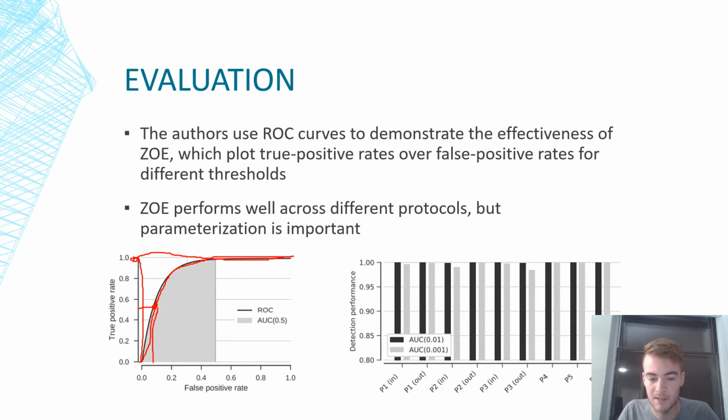So everything that is malicious is being flagged as malicious. And then if you were to continue raising the threshold, the ROC curve would go along the false positive rate, meaning that you start to get false positives. And so that basically means that there exists some threshold such that you can get 100% true positives and also 0% false positives.